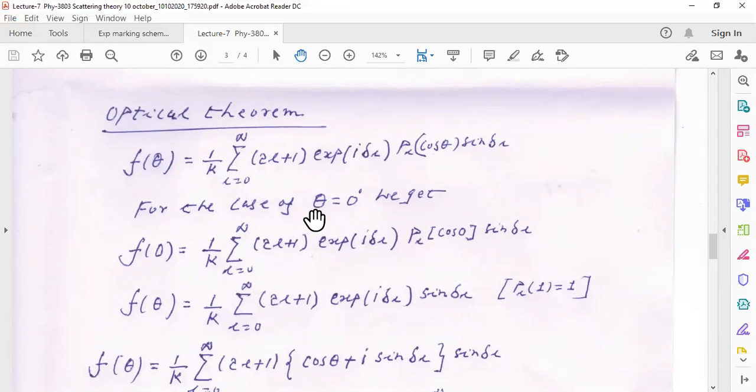So please concentrate, and this is for various spherical waves, sum over L. So you are calculating for this, so for theta you may write f0 also, there is no problem.